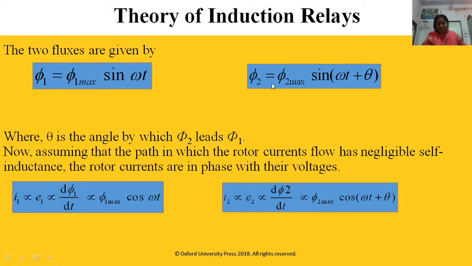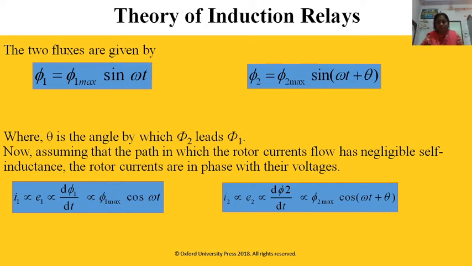Similarly phi 2 sin of omega t plus theta. Theta is the angle between phi 2 and phi 1, where phi 2 leads phi 1. Now assuming that the path in which the rotor current flows has negligible self-inductance, the rotor currents are in phase with their voltages. As we are neglecting self-inductance of that disk, definitely E1 and I1 are in phase.